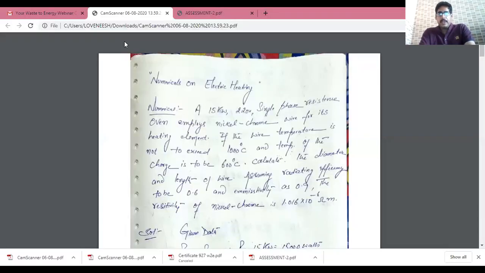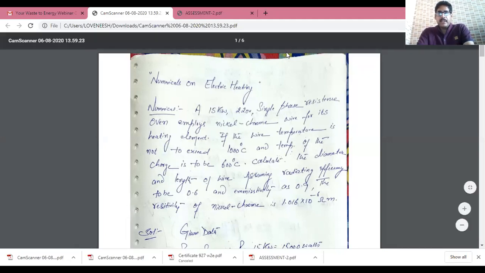Now, as you see on your screen, there is a numerical on electrical heating. According to this numerical, a 15 kW, 220 volt single phase resistance oven employs nickel chromium wire for its heating element. If the wire temperature is not to exceed 1000 degrees centigrade and the temperature of the charge is to be 600 degrees centigrade, calculate the diameter and the length of the wire.